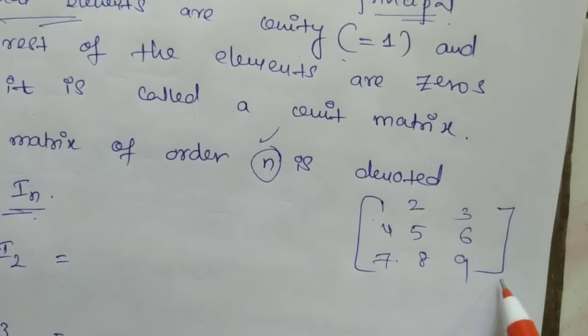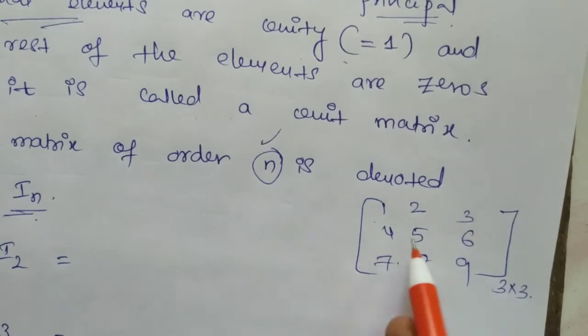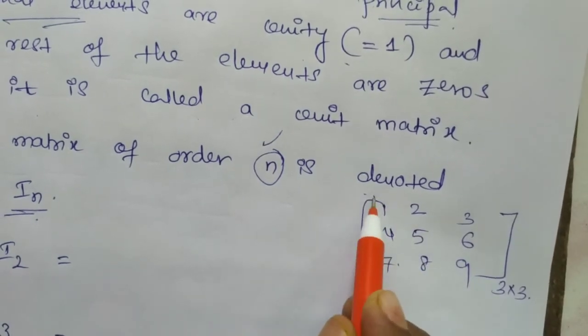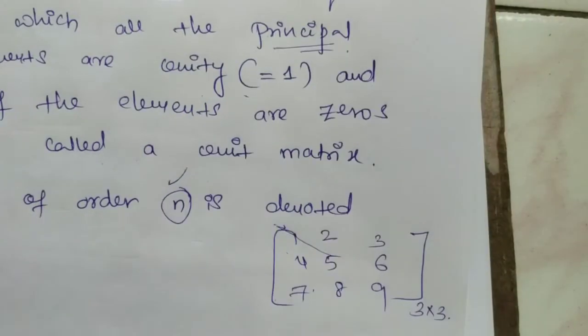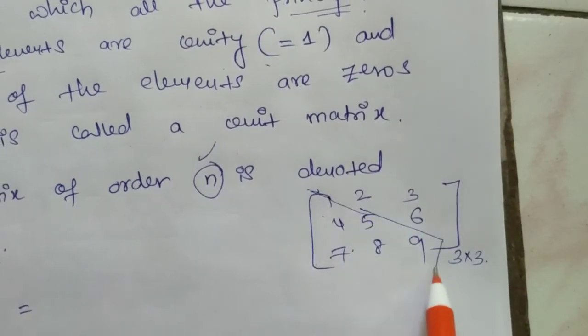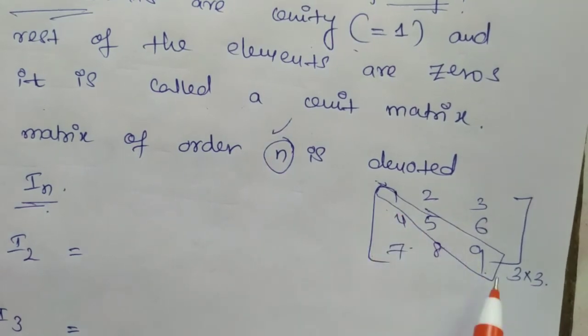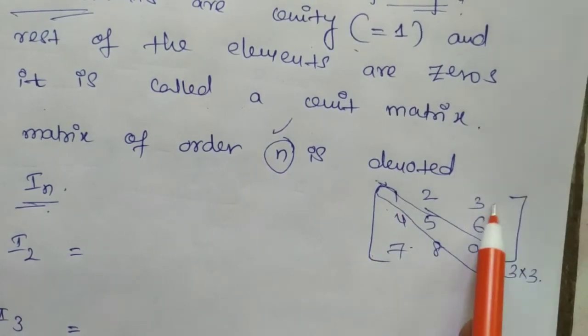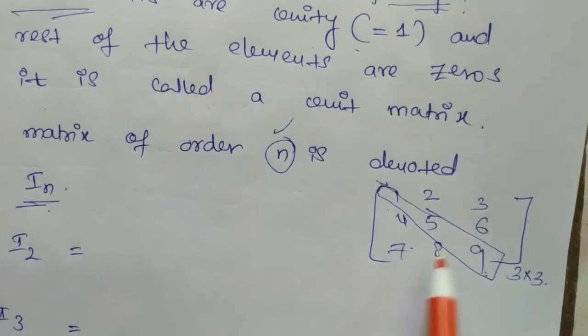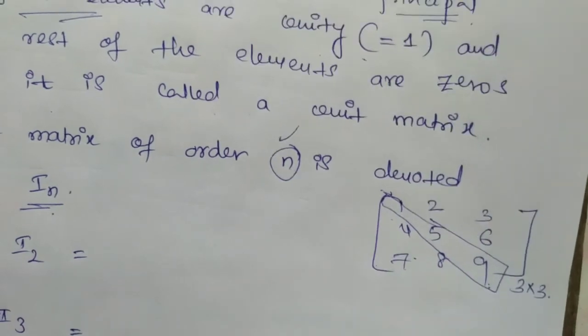So this is a 3 by 3 square matrix. In this, from top left to the bottom right corner, that is 1, 5, 9. So 1, 5, 9 are called principal diagonal elements. If these principal diagonal elements are 1 and remaining elements are zeros, then that matrix is called identity matrix.